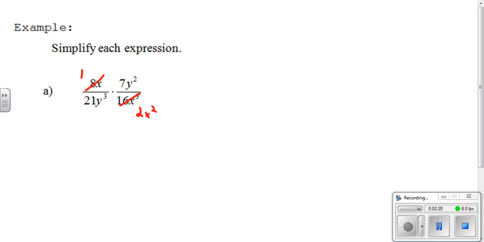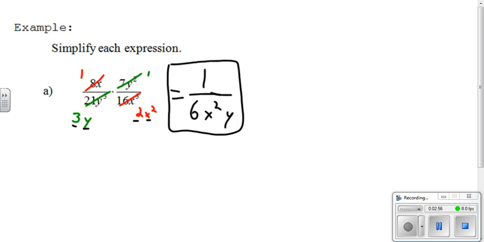Now, again, going diagonally, dividing a 7y squared out leaves 1, and 7y squared out of 21y cubed leaves 3y. Now again, we just multiply right across, and we're left with 1 over 3 times 2 is 6, x squared y.